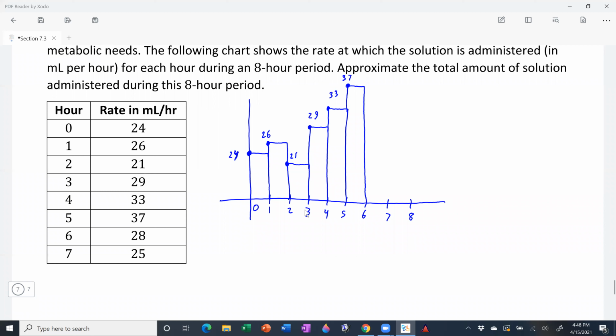Hour 6 was at 28, so coming back down. Hour 7, 25. And then that information at hour 7 covers that whole last hour, that whole 8th hour.